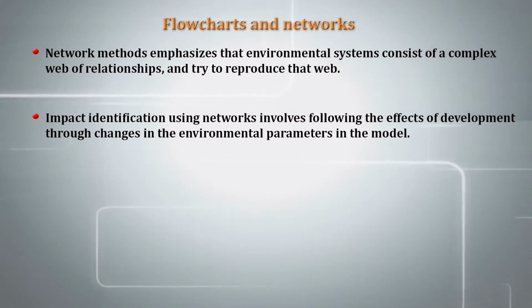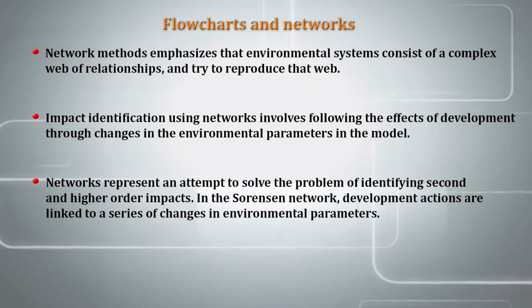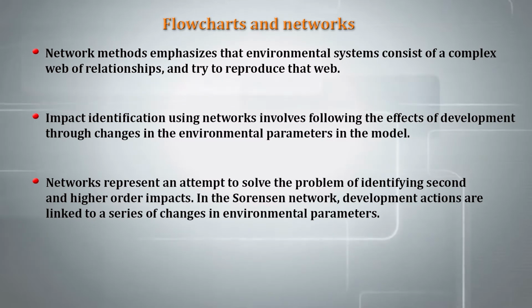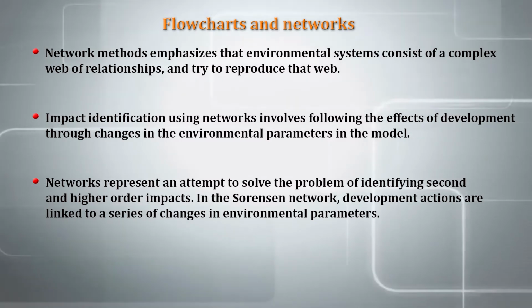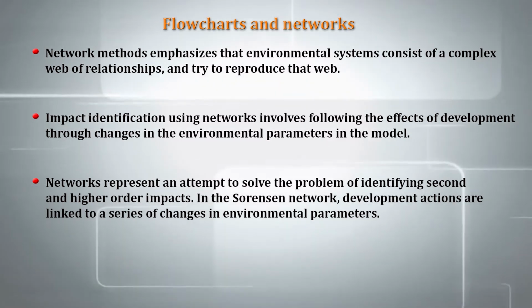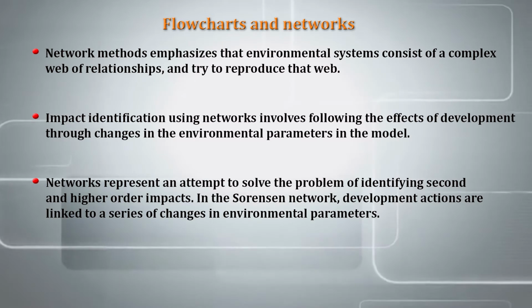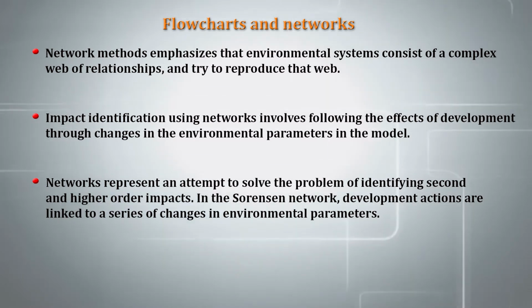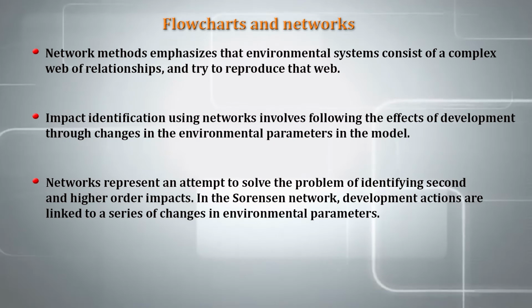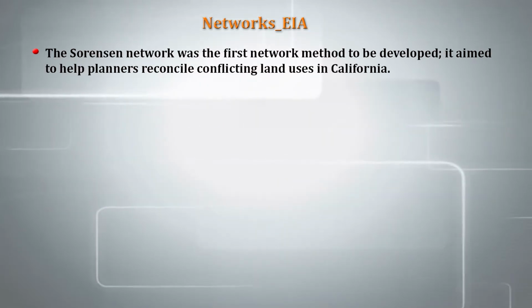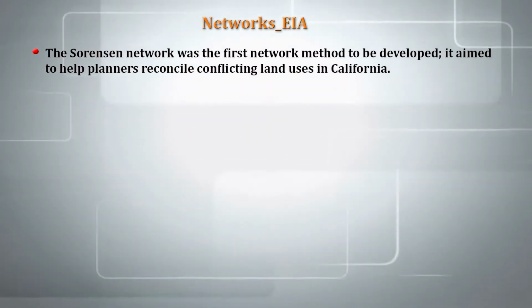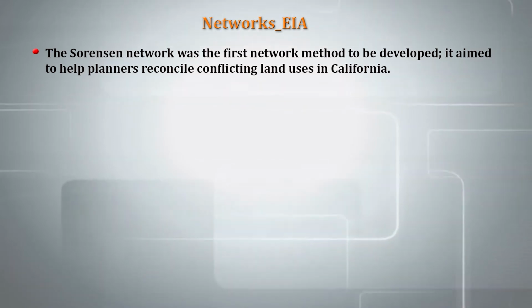Networks represent an attempt to solve the problem of identifying second and higher order, tertiary order impacts. The best example is the one Sorensen has given. In Sorensen's network, development actions are linked to a series of changes in the environmental parameters. Sorensen's network is a basic, famous one, and was the first network method to be developed.